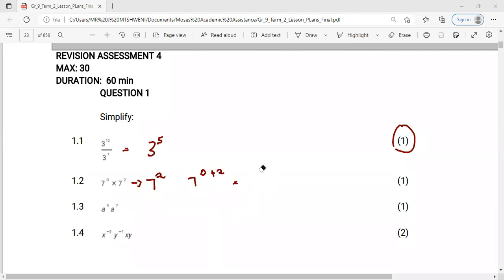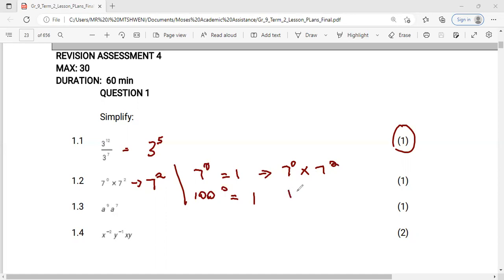Now, I also want to state that any number raised to exponent 0 is always 1. Whenever you have 100 to exponent 0, it's always 1. You can punch your calculator to verify, and you will find that it is 1. So here I have 7 to exponent 0 multiplied by 7 to exponent 2.